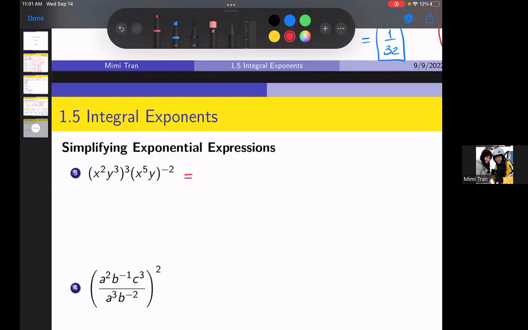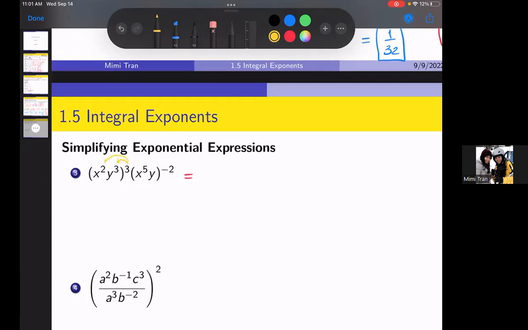Now within these parentheses, I don't see anything that I can simplify. Do not combine like bases first. Why? Because you have the power here and the power here. Do not combine the bases first. What I'm going to do is use the power rule, distribute this into each of these, save it here, and then I combine like bases. Okay, so let's do that.